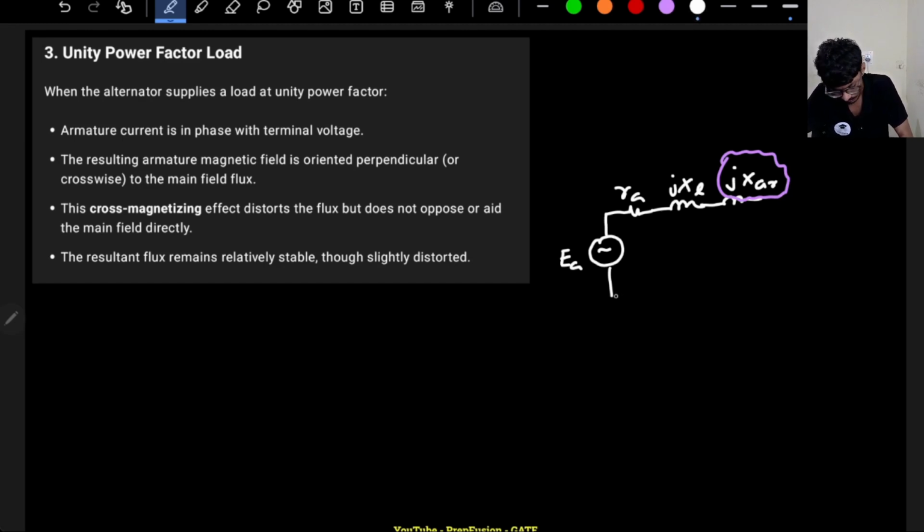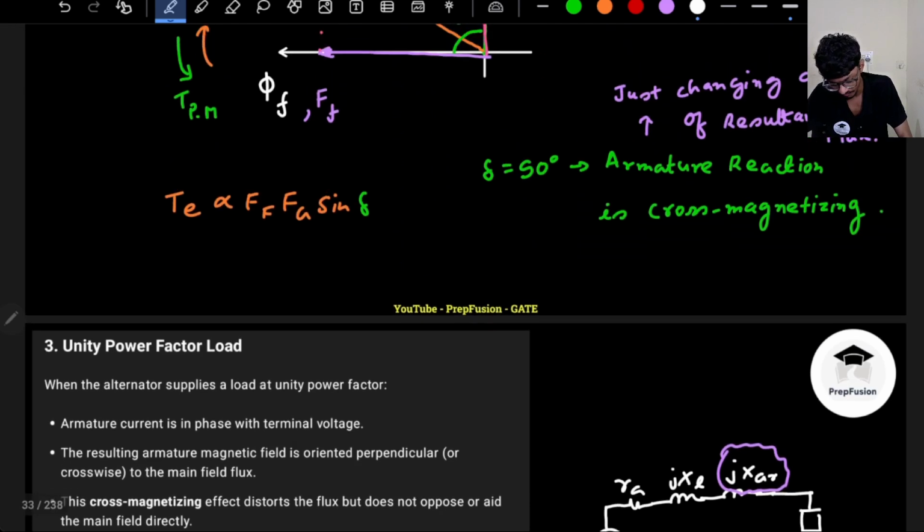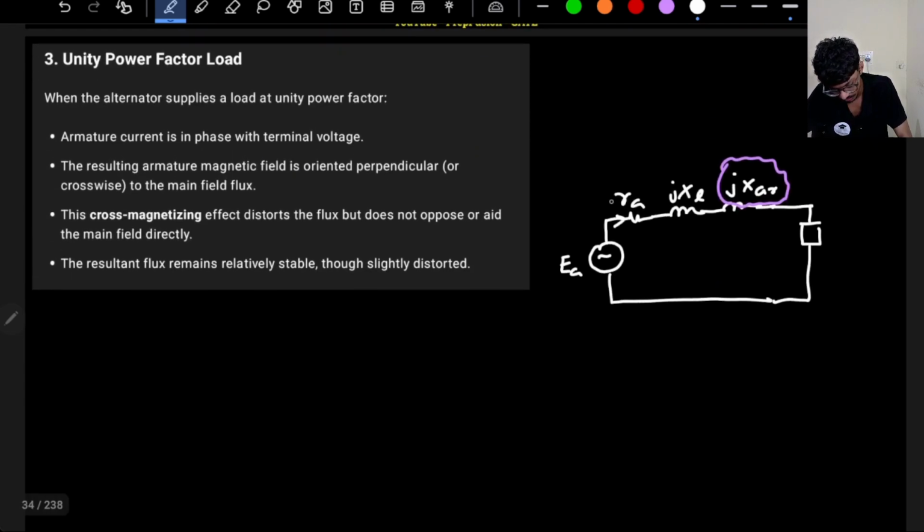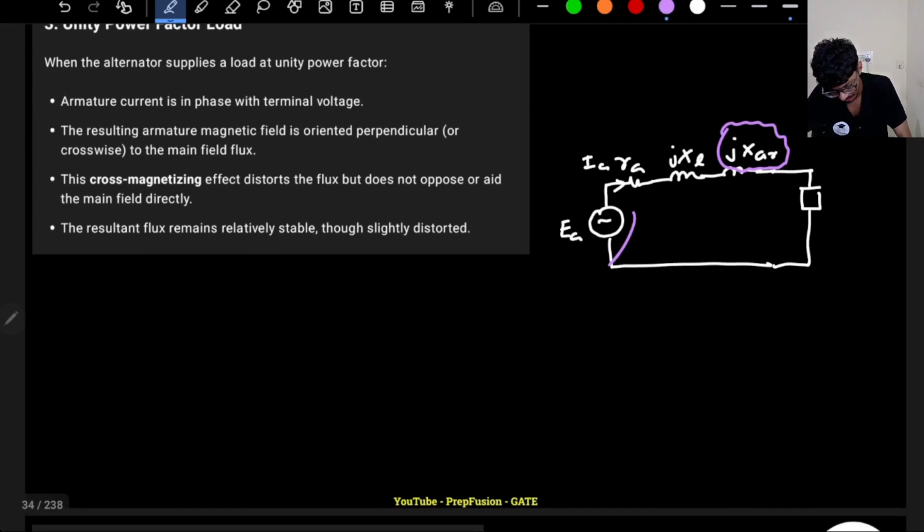Okay, now one more thing you have to remember, that this is my load current, right? Whenever I say power factor, I actually just say the power factor with respect to this point, IA, and this point, right? So it is actually known as the internal power factor. Why internal power factor?